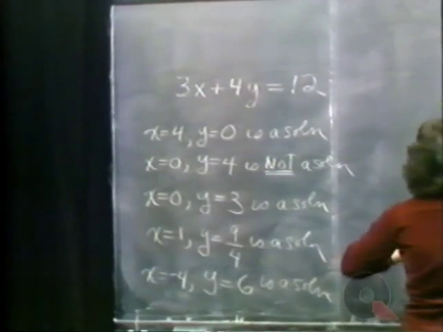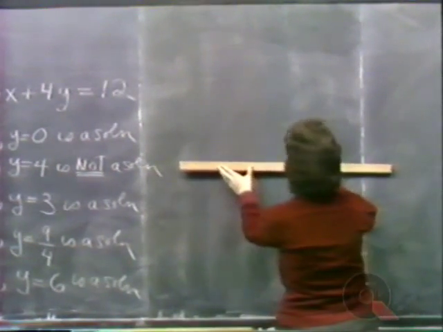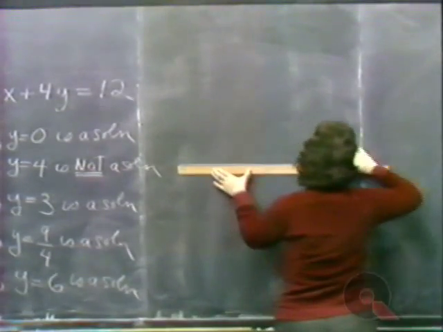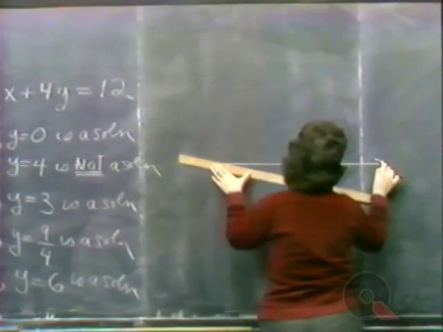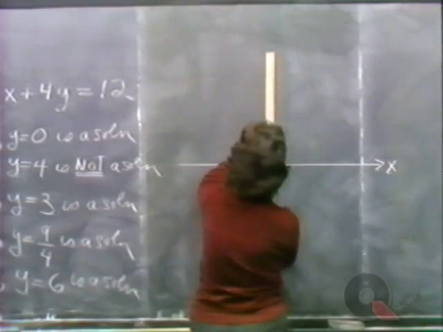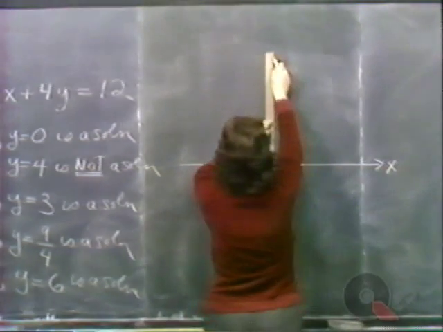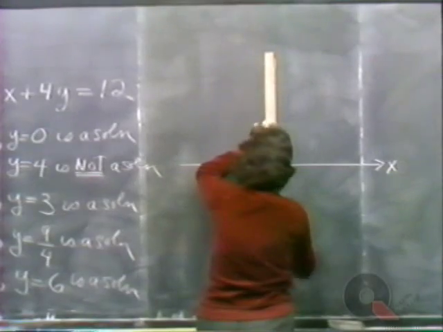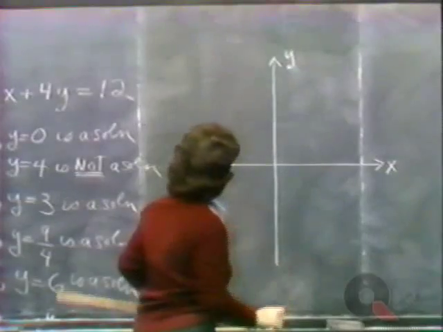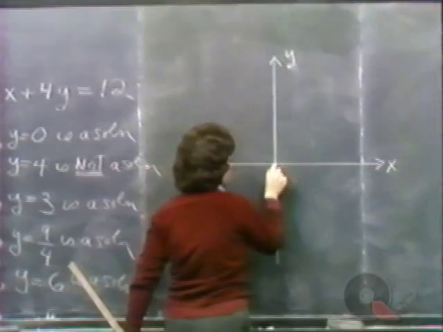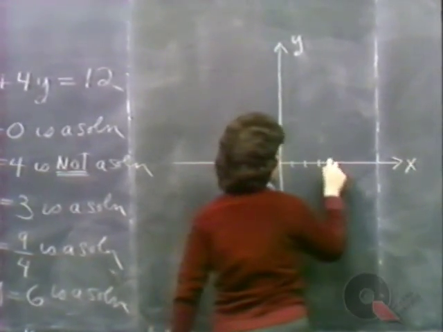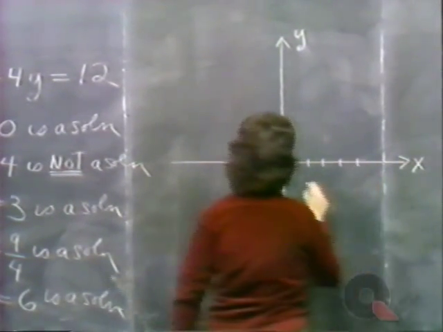In order to do that, we will have to start with our coordinate system. We'll have our x-axis. Perpendicular to that, we will have our y-axis. This place where they intersect, of course, is called the origin. We will set off the units on the x and the y-axis.